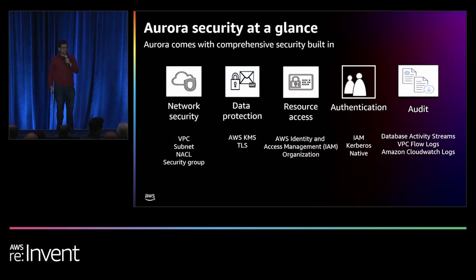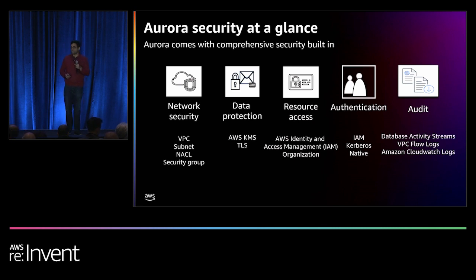Also, Kumar talked about how security was a big challenge in the on-prem world. Aurora provides end-to-end security from the networking layer, like security groups and NACLs, as well as putting the clusters in private subnets and choosing the right VPCs, and encryption at rest and in transit using KMS, Key Management Service, or TLS respectively.